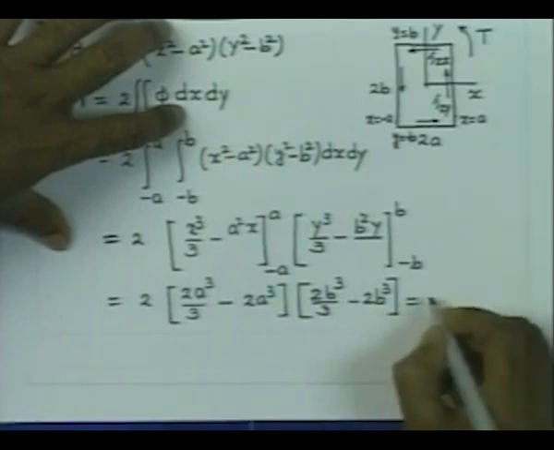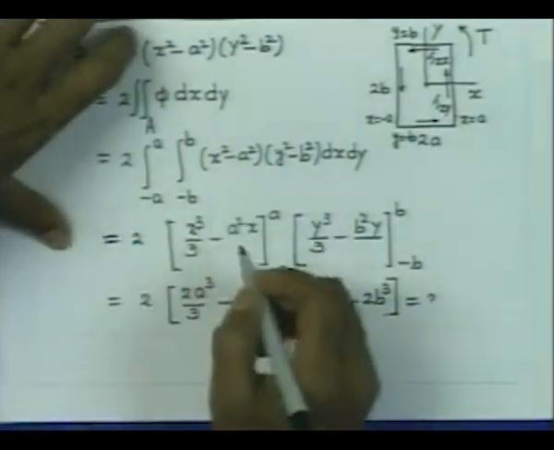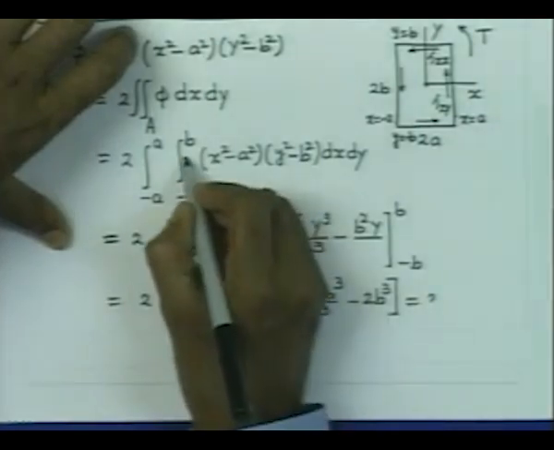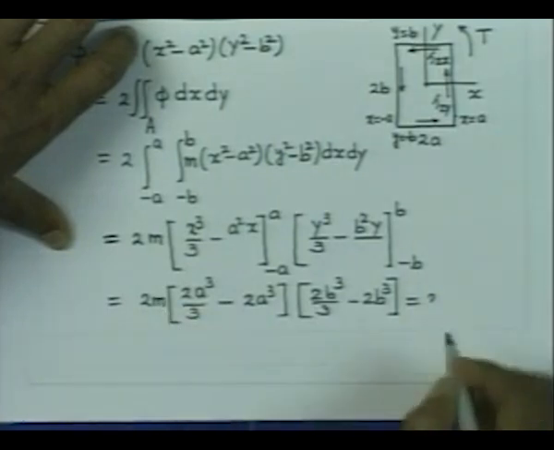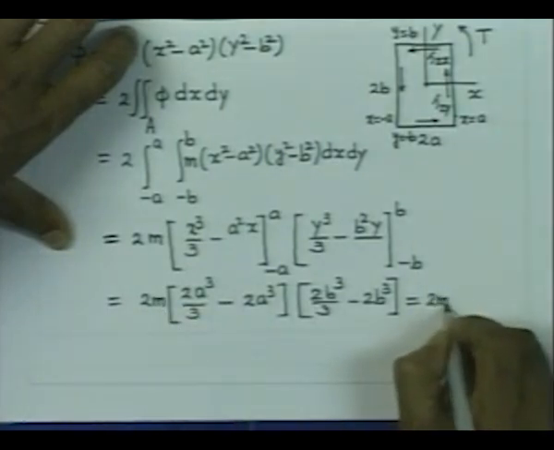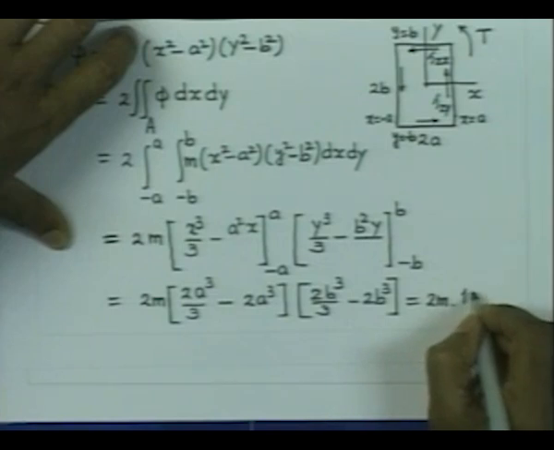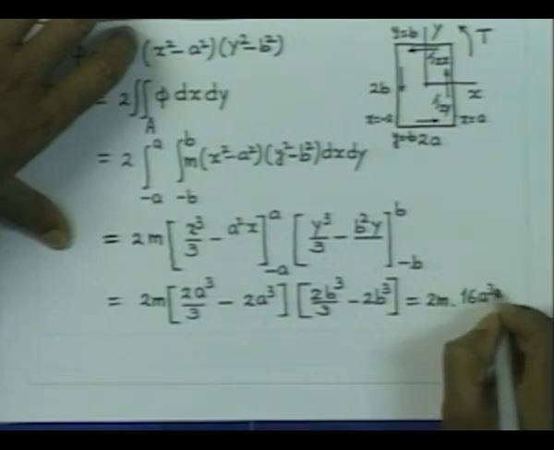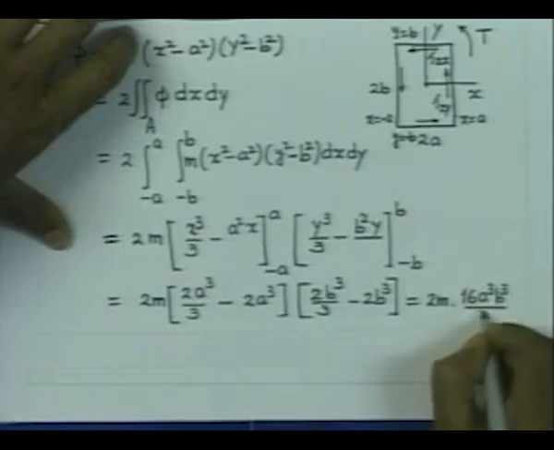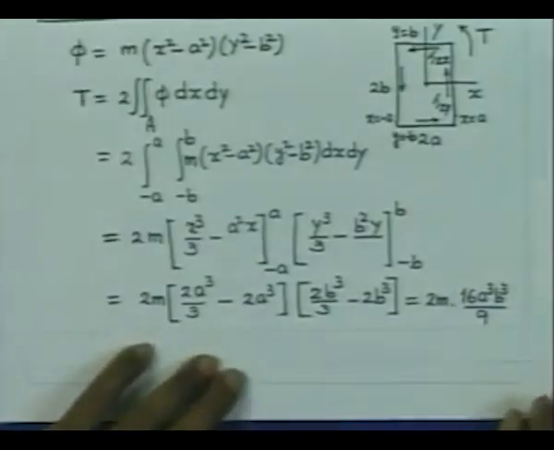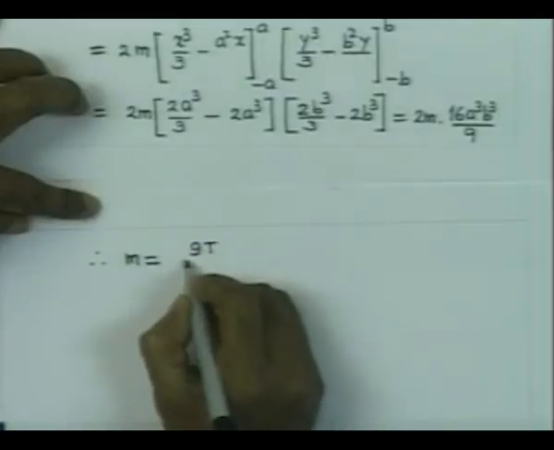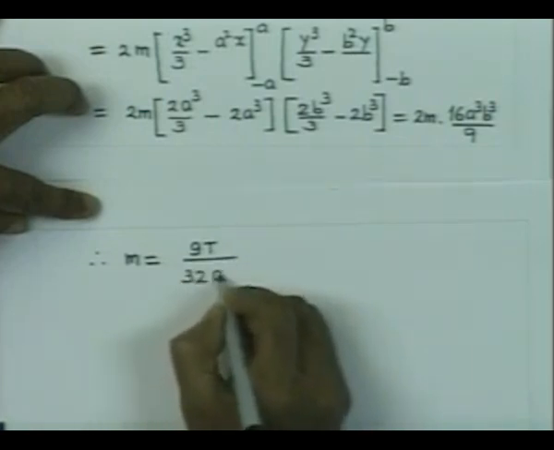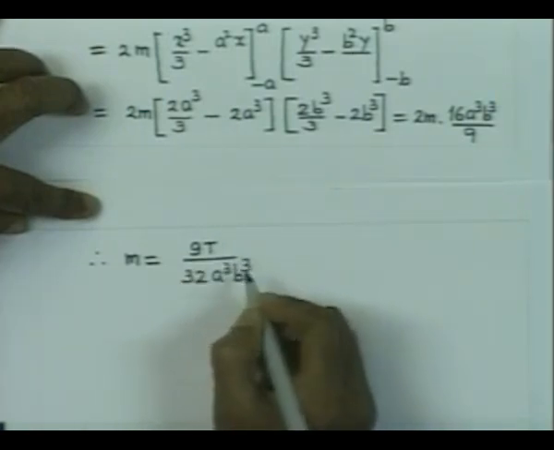Of course, we have left out the constant m here, so that m is carried forward. So, we have 2m into 16 a cube b cube by 9. Therefore, constant m is equal to 90 by 32 a cube b cube.